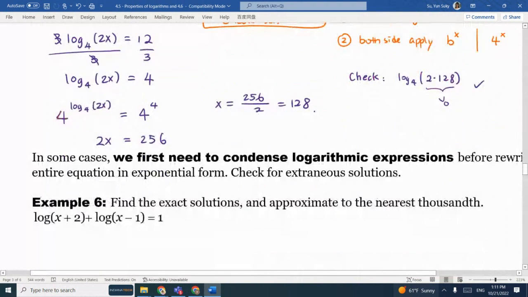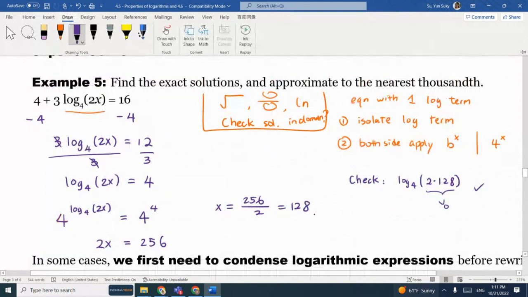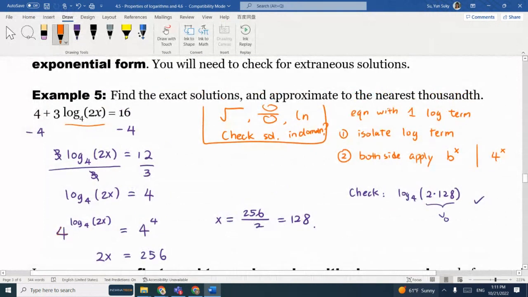All right. So this is what we do, let me write down here. For an equation with only one log term, the first step is to isolate it, then apply the exponential function, and then solve for x. So you can consider those 3 steps, and then step 4, check answers.